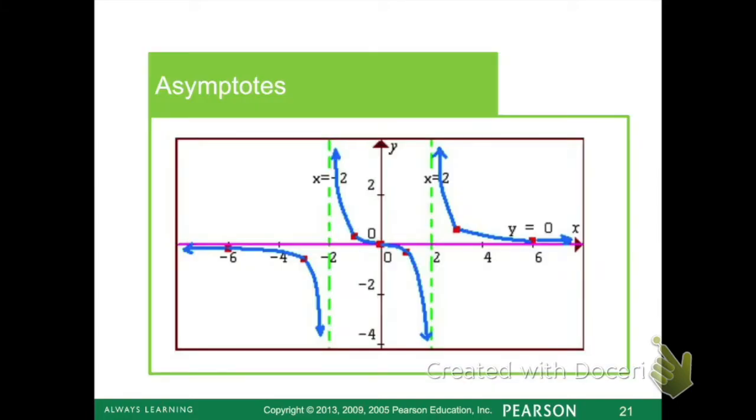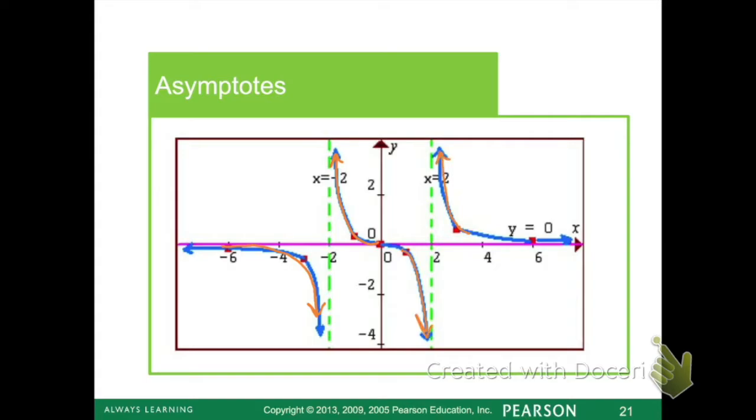Let's look a little bit closer about what happens with graphs whenever they come near an asymptote. So as you can see, as my graph approaches x equals negative 2 from the left, it's going down to negative infinity. Likewise, as my graph is approaching negative 2 from the right side, it's going up to positive infinity.